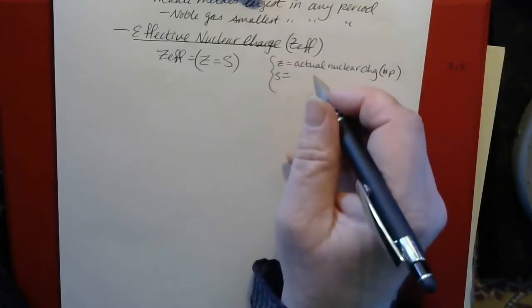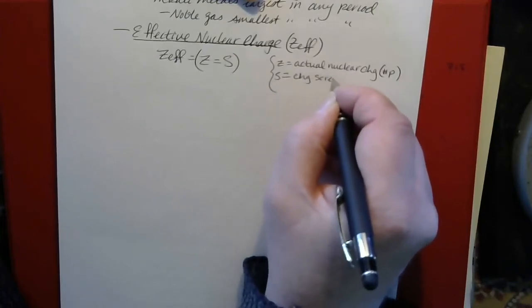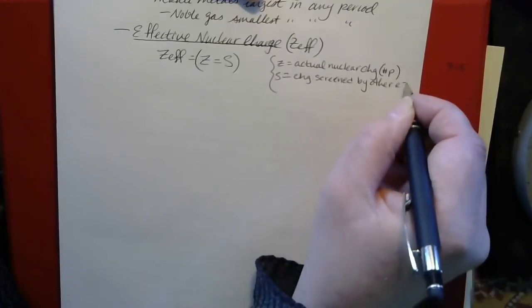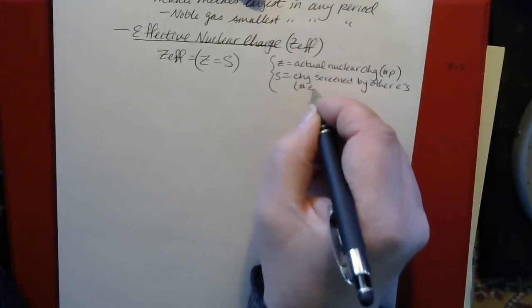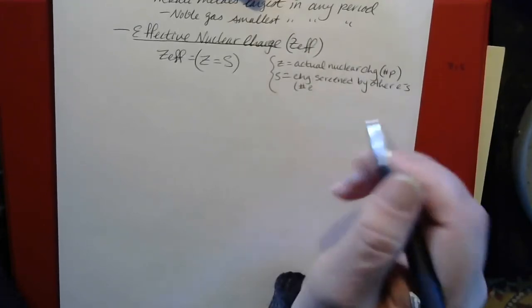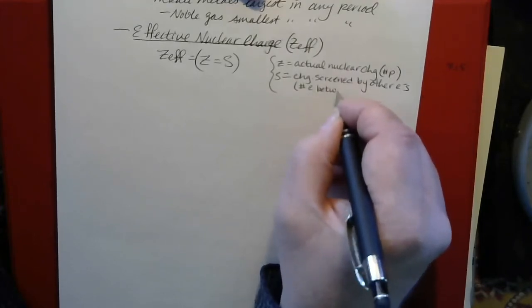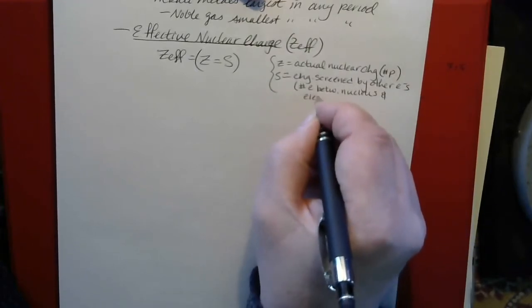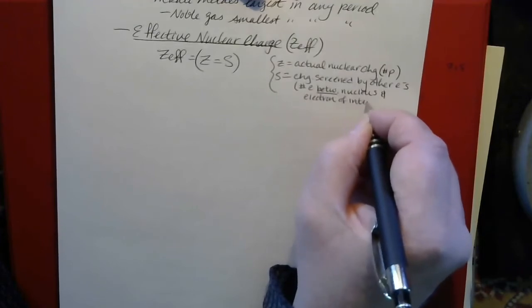And S is the charge screened by other electrons. And in practice, what that means is the number of electrons between the nucleus and the electron of interest. Which is what I said before.